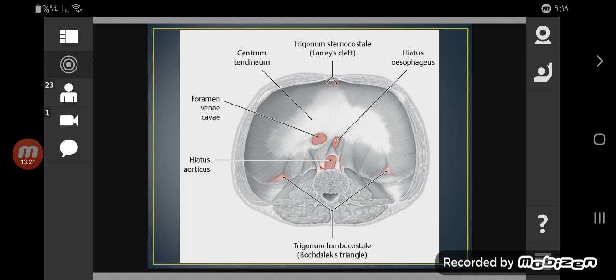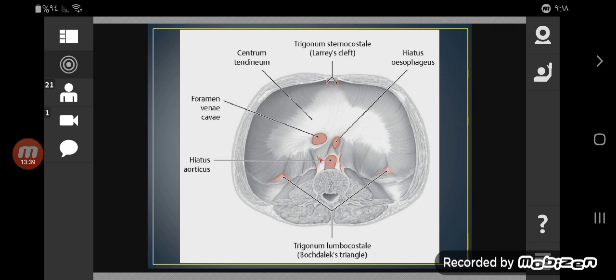Another gap is designated for passing the sympathetic trunk and some splanchnic nerves that arise from the sympathetic trunk.